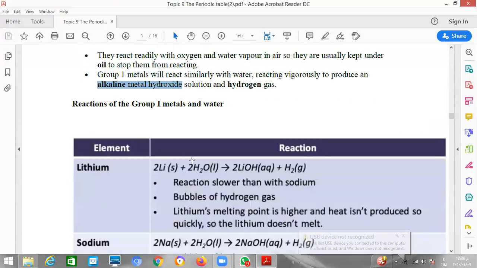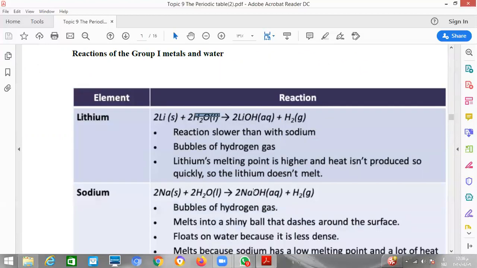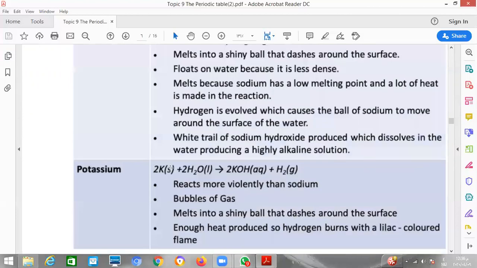As you see here, lithium reacts with water to form lithium hydroxide and hydrogen. Sodium with water forms sodium hydroxide, NaOH, plus H2, hydrogen. Potassium with water forms potassium hydroxide and hydrogen.